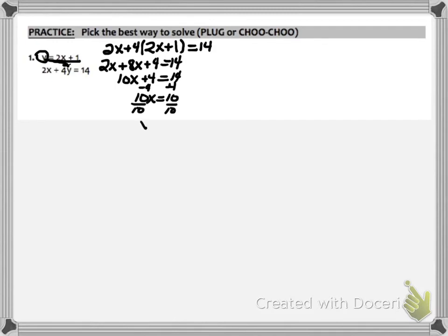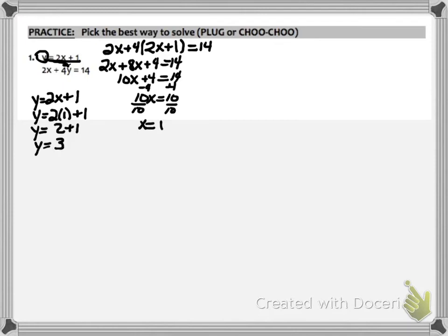And we're going to find that x equals 1. We take that and we plug it back into the original equation, and my original equation was y equals 2x plus 1, so y equals 2 times 1 plus 1, which is 2 plus 1, so my y equals 3.